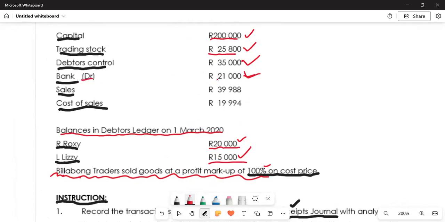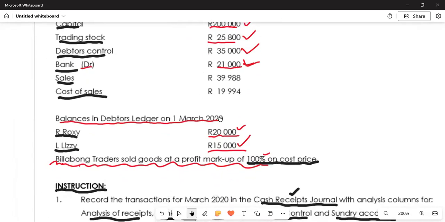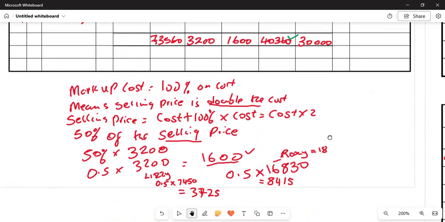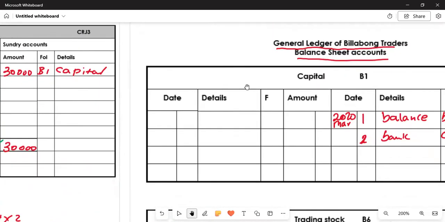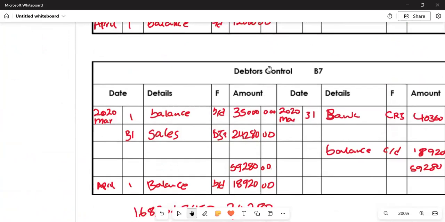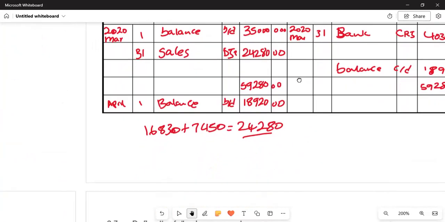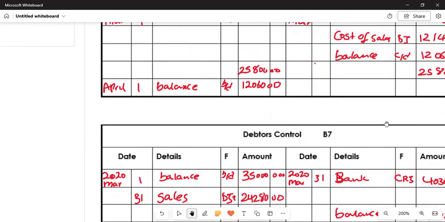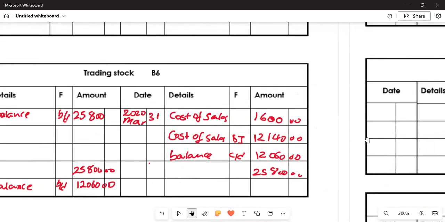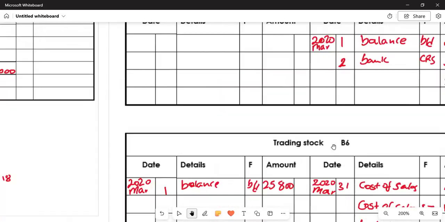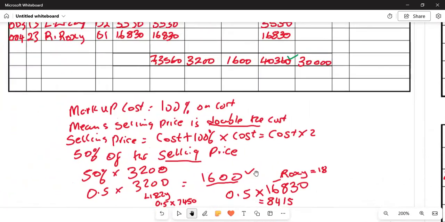The total receipts of 73,560, we are going to get it from our cash receipts journal because it's the total receipts.